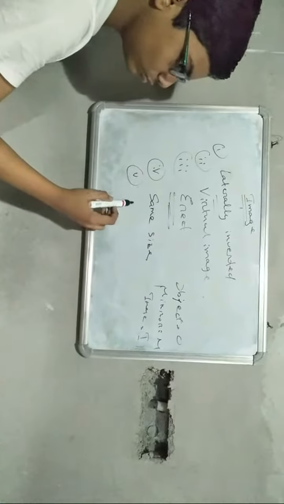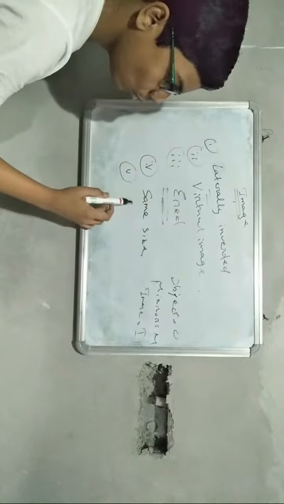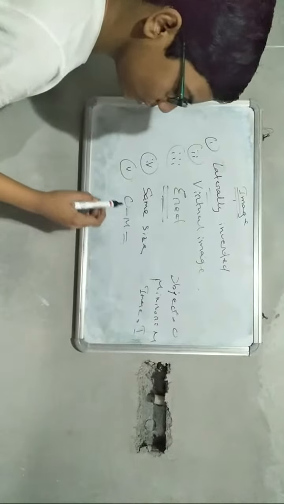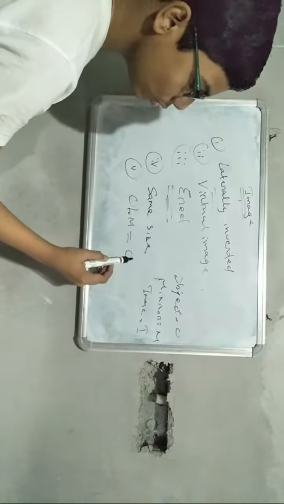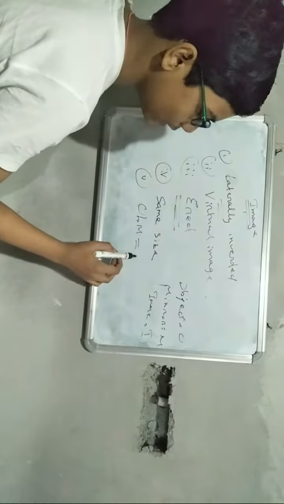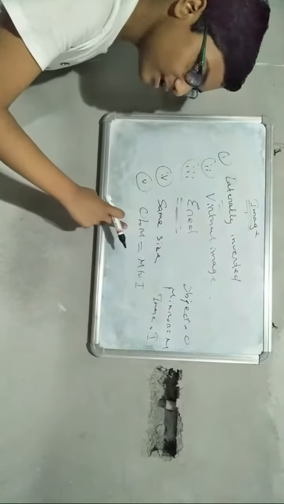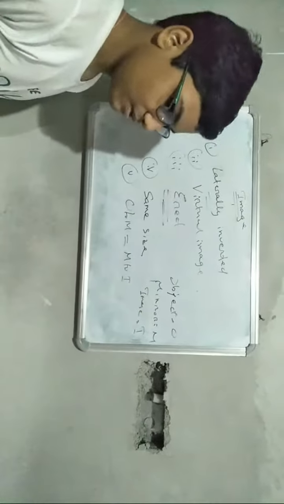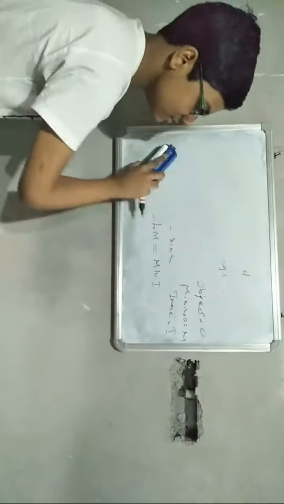So O to M is equal to M to I. This means the distance from the object to the mirror is equal to the distance from the mirror to the image. So this is completed.